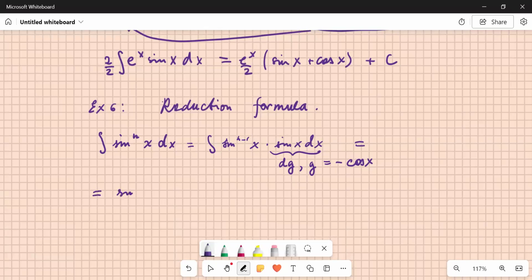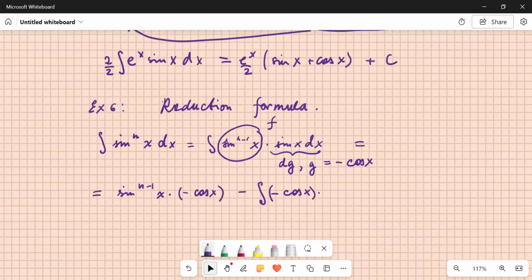So I'm going to have sine n minus 1 times negative cosine, minus the integral of negative cosine, my function g, times the derivative of my function f, right? This was my f.